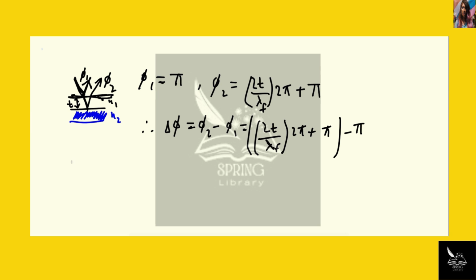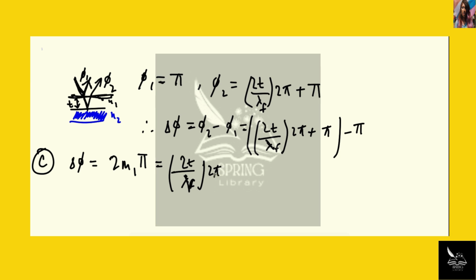So delta phi, we're going to set equal for constructive interference first. It will be equal to an integer multiple of pi. So this would be 2m1, let's call it m1 for order of the constructive interference, 2m1 times pi, and that is equal to 2t over lambda_f times 2 pi.